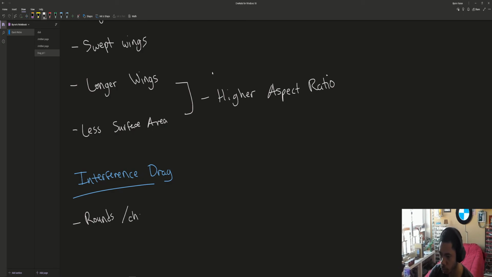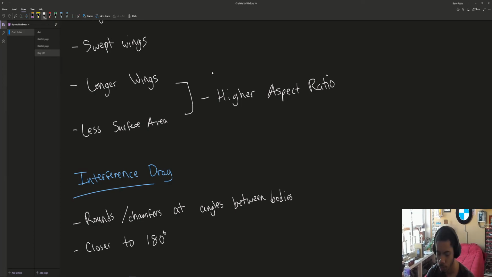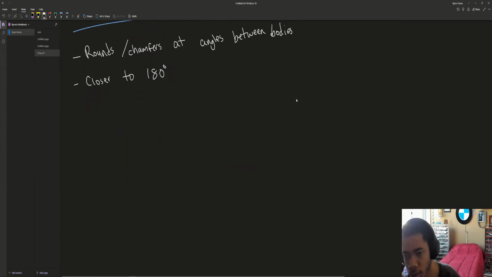Use rounds, chamfers at angles between bodies, closer to 180 degrees. The reason why this works, because we have this right here.